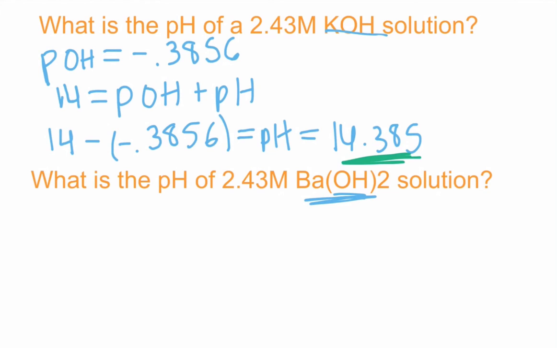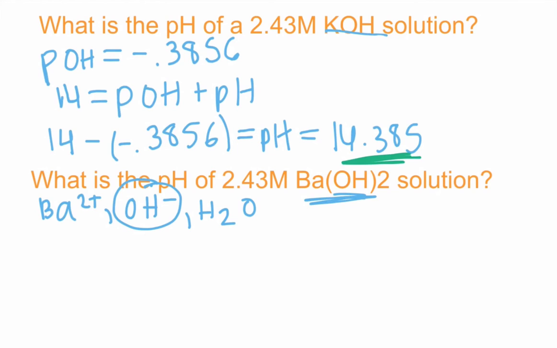Let's go through our steps first to solve for that pH. The major species are Ba2+, OH-, and water. OH- will be our strongest base. Then we want to know what the concentration of that strong base is.